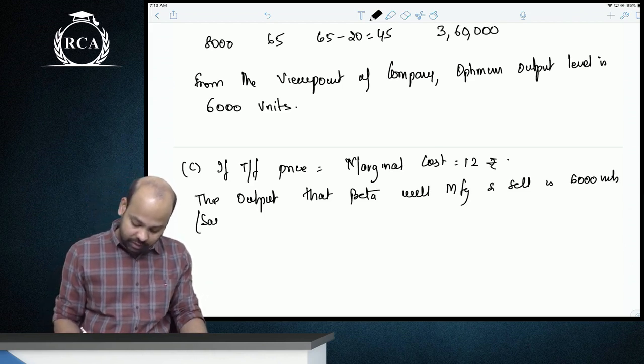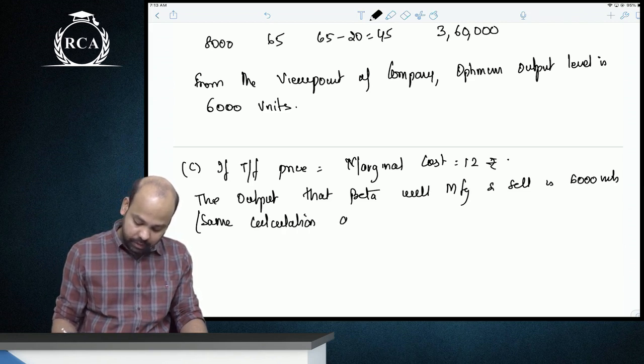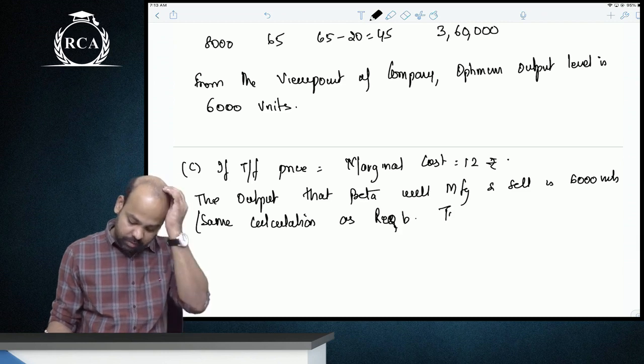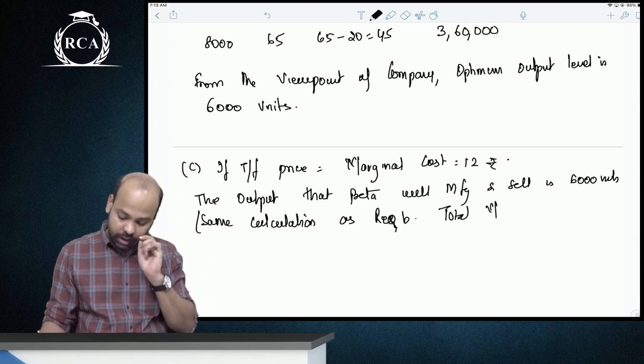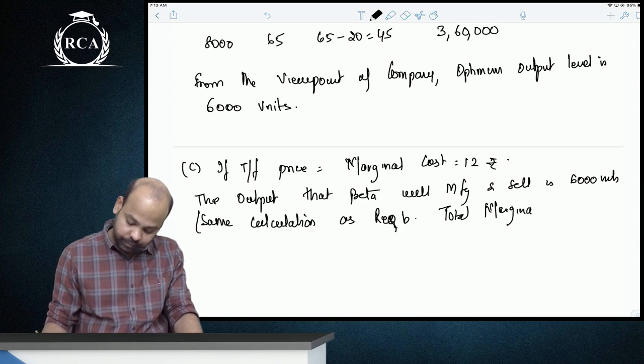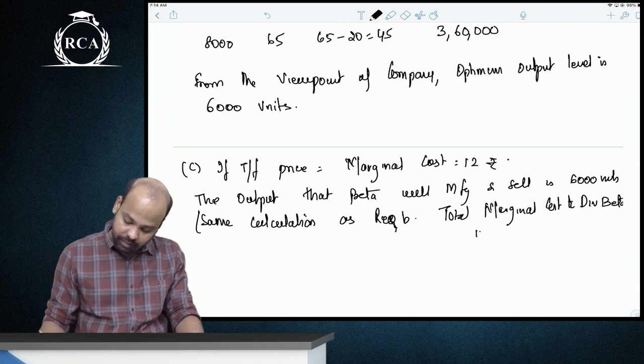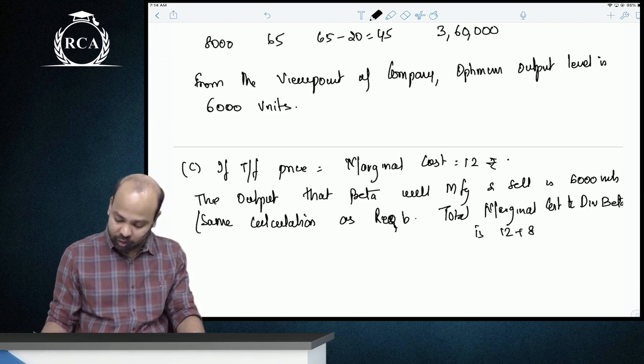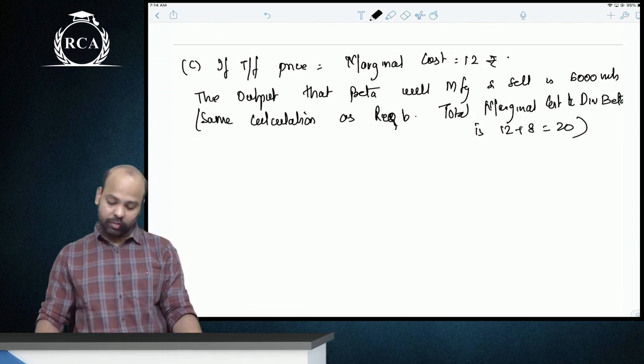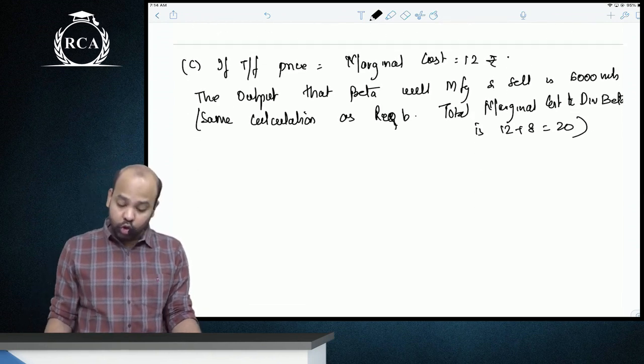Same calculation as above, same calculation as requirement B. Isn't that based on marginal cost, guys? The total marginal cost to division beta is 12 rupees plus 8 rupees, 20 rupees, because the transfer price is 12 rupees.